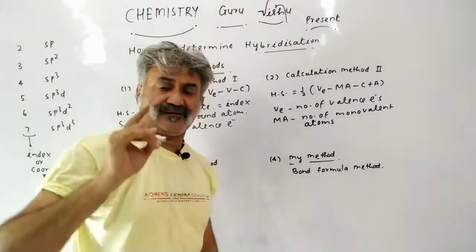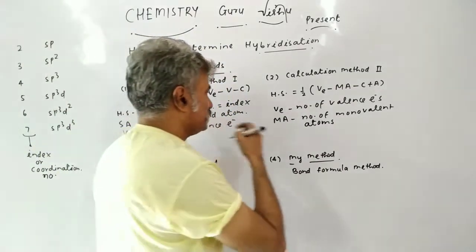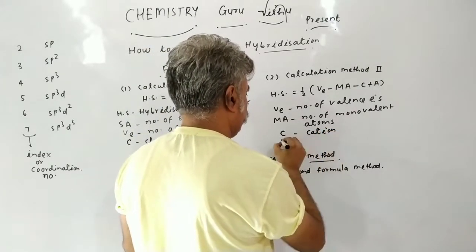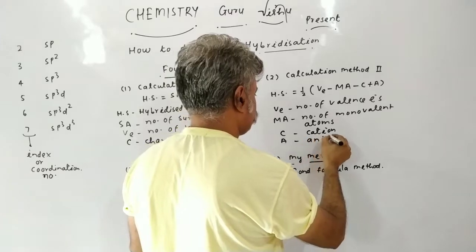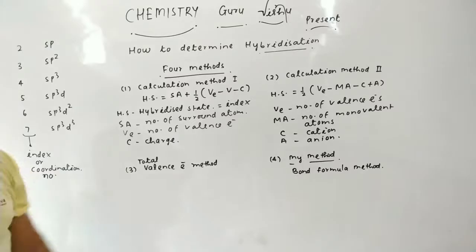It means if there are bivalent or trivalent atoms, then we have to leave them. And C, representing cation, and A, anion. You can use any of these two methods to determine hybridized state.